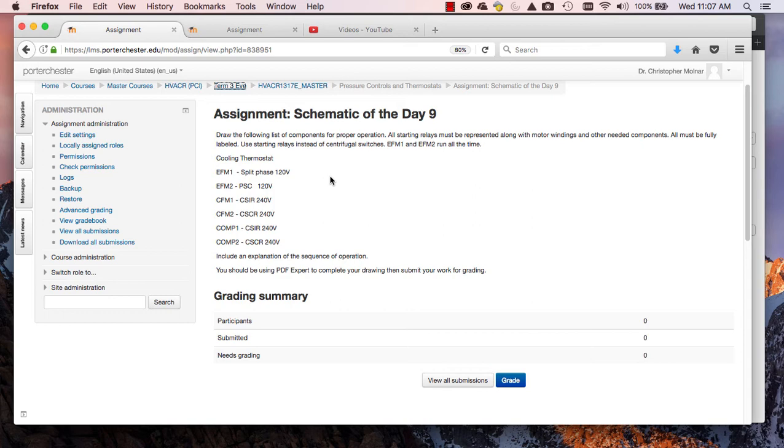We have an indoor system that's 120 volts. We have an outdoor that's 240 volts. So just be aware of that. We have a CMP, compressor 1, 240, compressor 2, 240. So what we have is 2 EFM motors and inside a cooling thermostat.